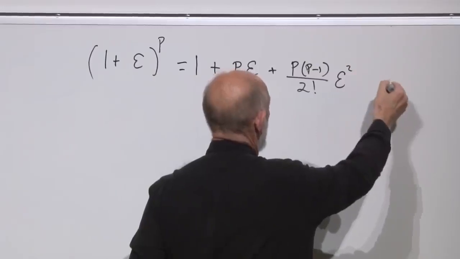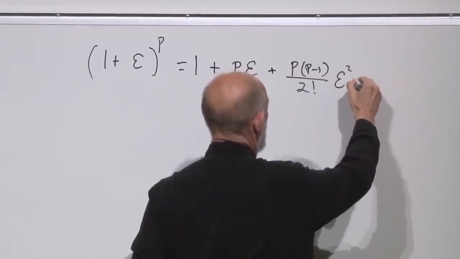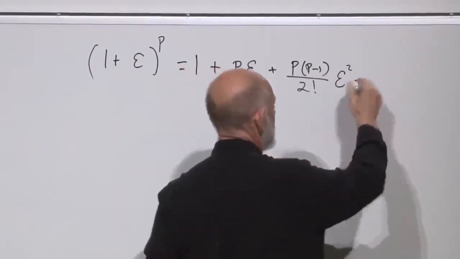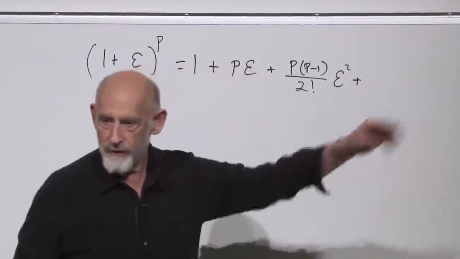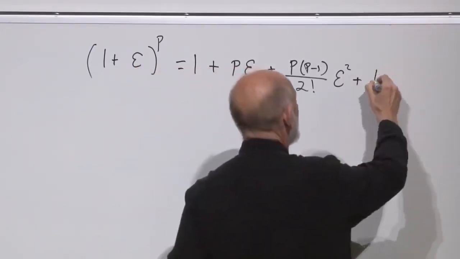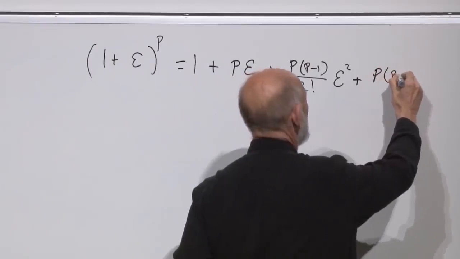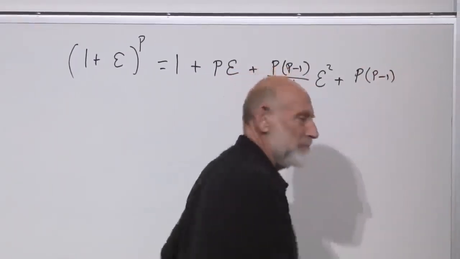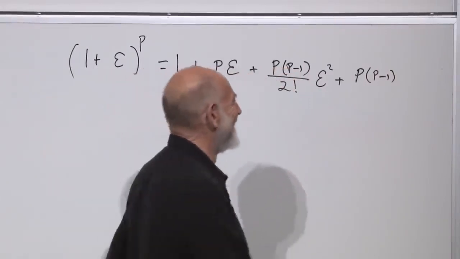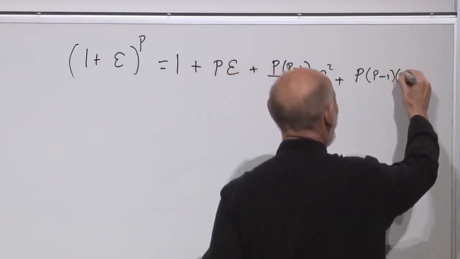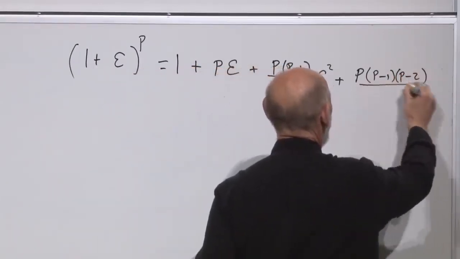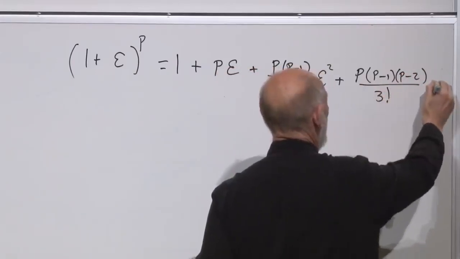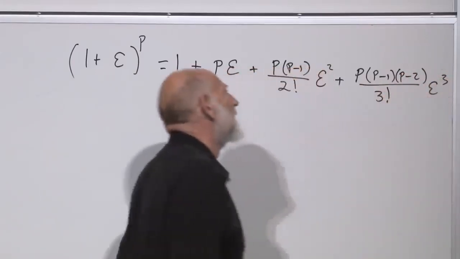And then it keeps going like that. I'll write the next one, and you can write all the ones after it. It's a homework assignment to write out all the infinite number of them. Over 3 factorial, epsilon cubed, and so forth.